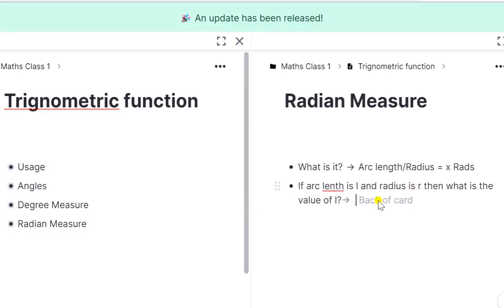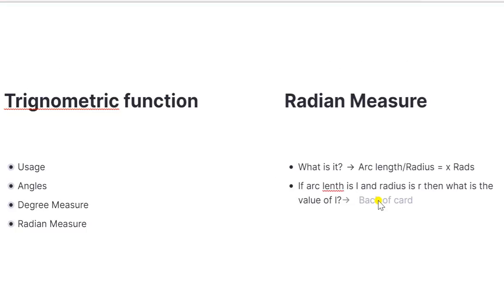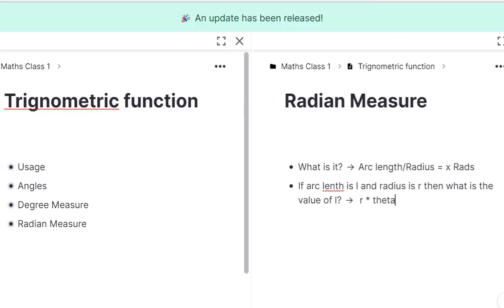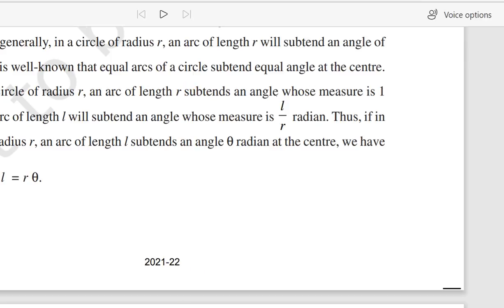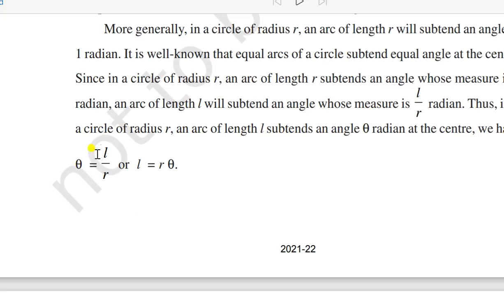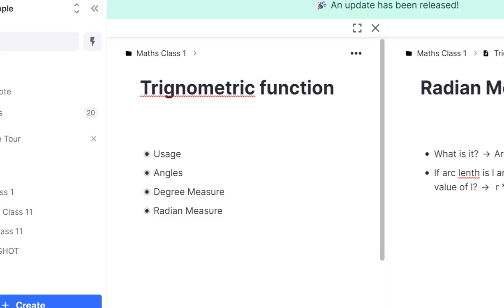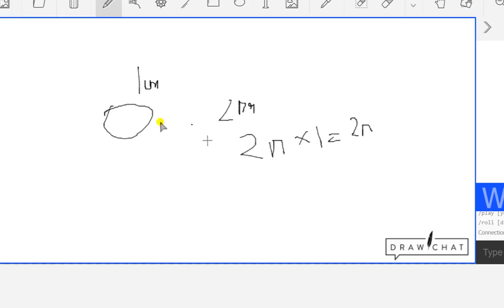It is R into theta. Why is it R into theta? Because theta is L by R, so L is R into theta. So here we have it, right?